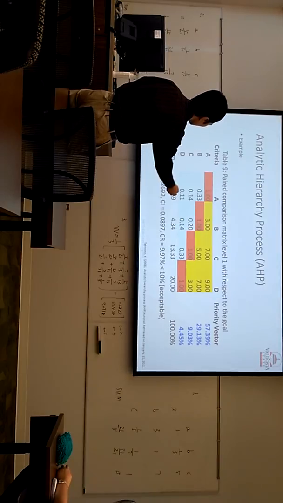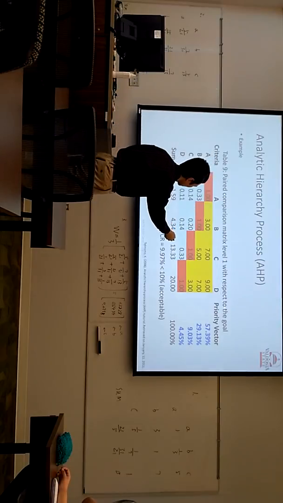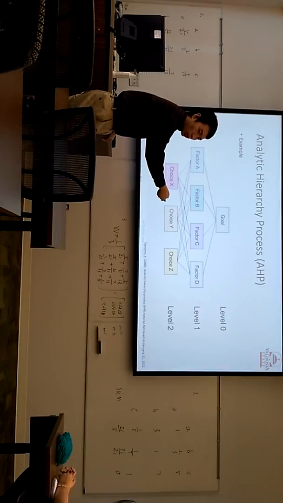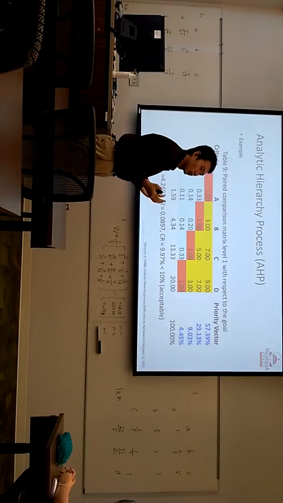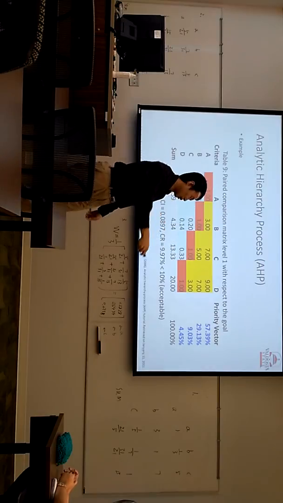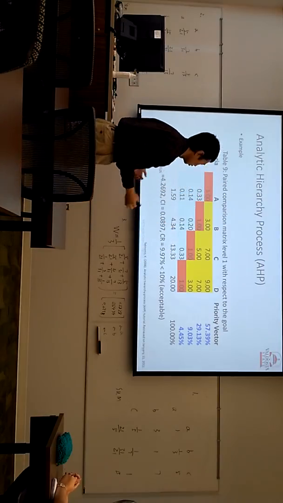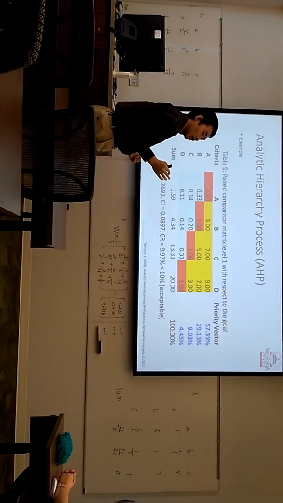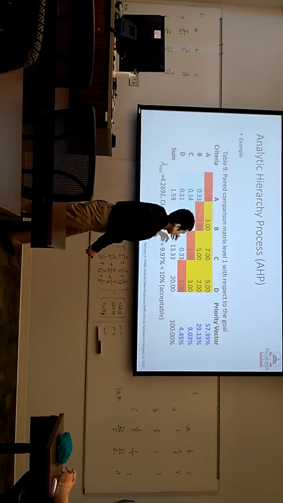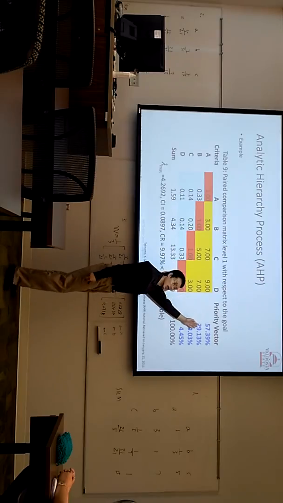Let me briefly show the result. This is level 1 with respect to the goal. We have 4 criteria, but which one is more important? So for the first level, let's do the pairwise comparison for the 4 factors. After implementing those calculations, we know this is our priority vector.